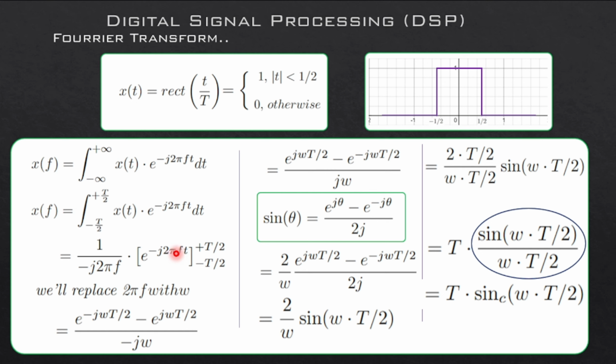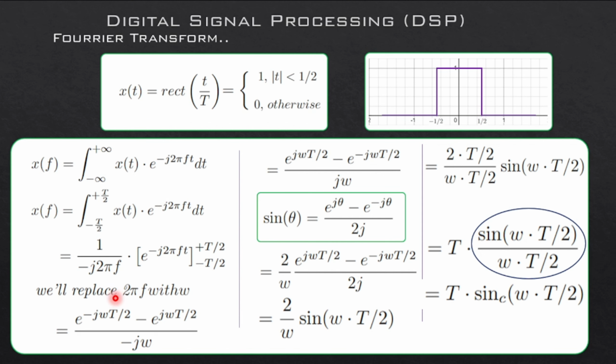Now, this is the value of the integral, and it is bound by these two points, plus T over 2 and minus T over 2. These are the domains of this integral. So we're integrating this function multiplied by the exponential between these two values.